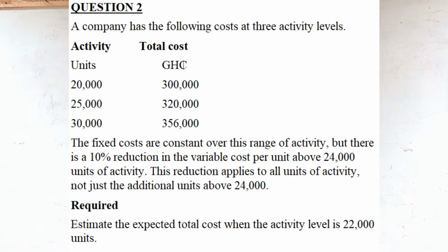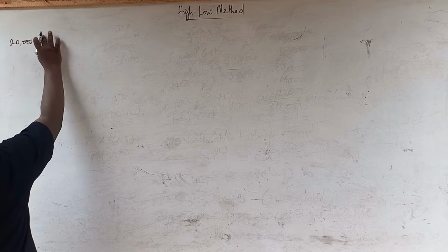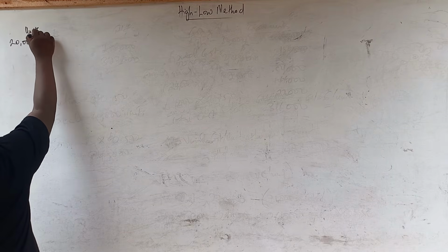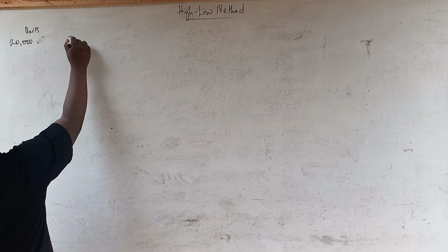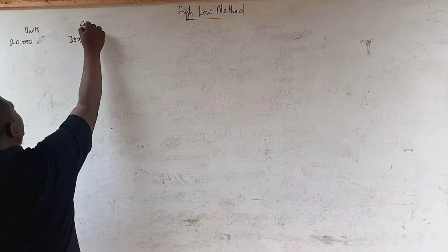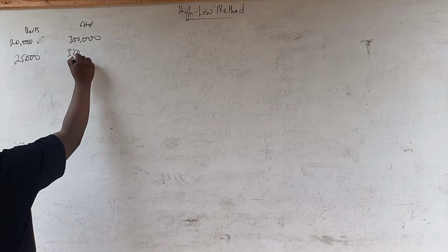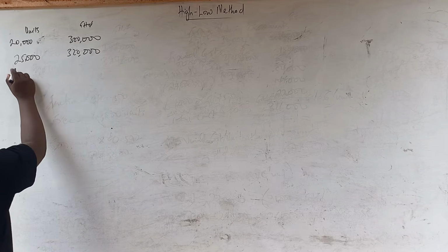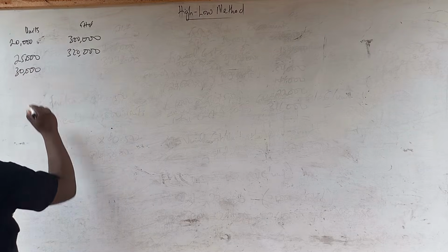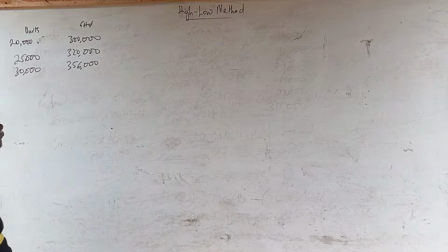So let me just list them. We have 20,000 units at a cost of 300,000, 25,000 units at a cost of 320,000, and 30,000 units at a cost of 356,000 Ghana cedis.